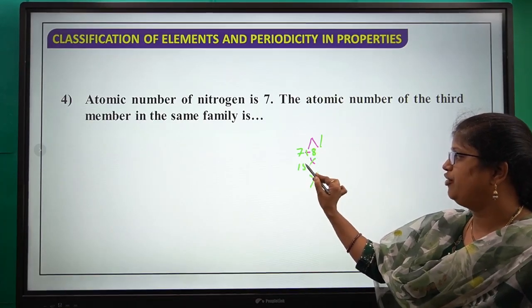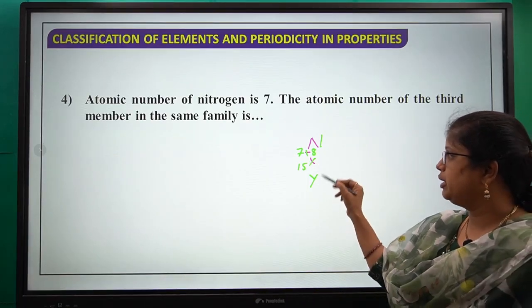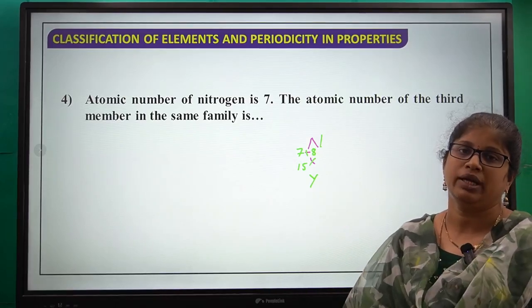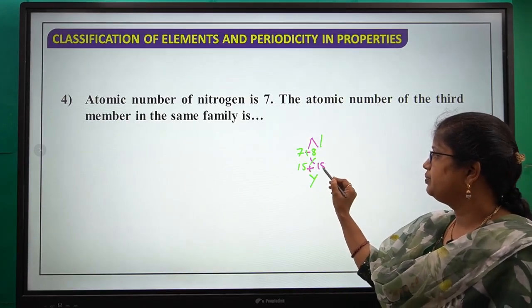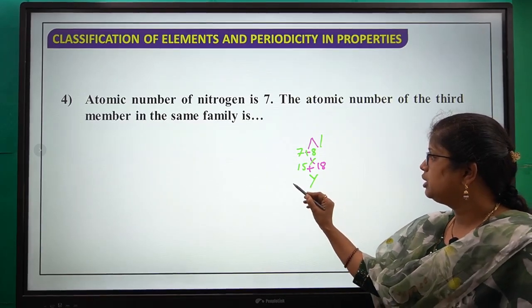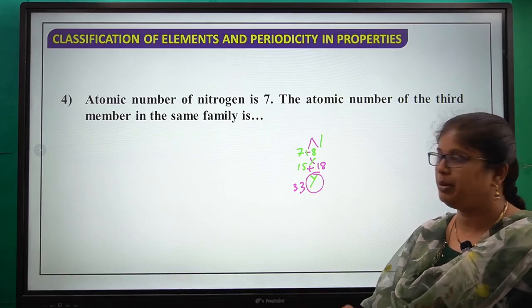How much will you get? 15. Next, the fourth period contains how many elements? 18 elements. So add 18. How much will you get? 33. So what is the atomic number of this element? 33.